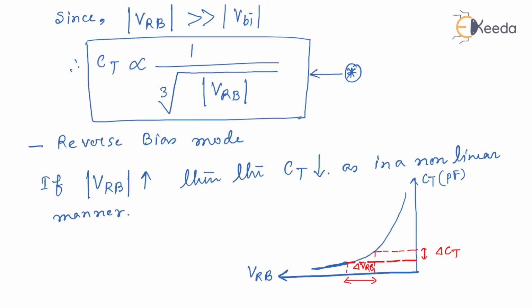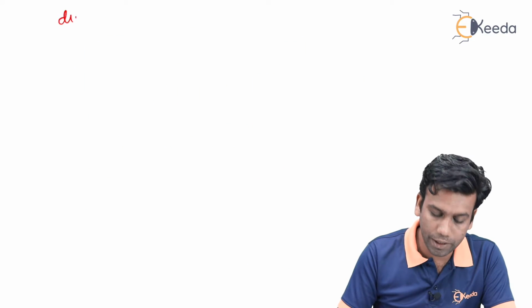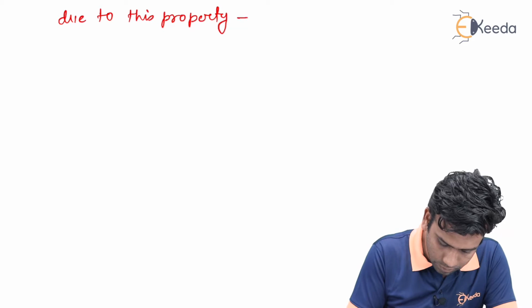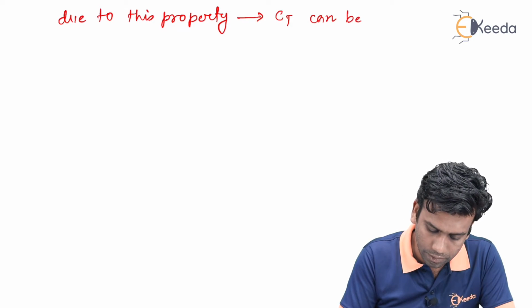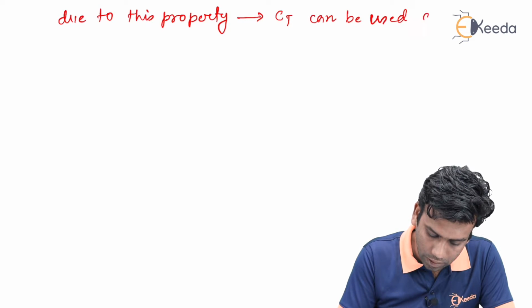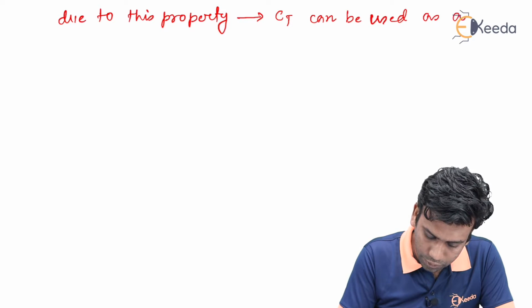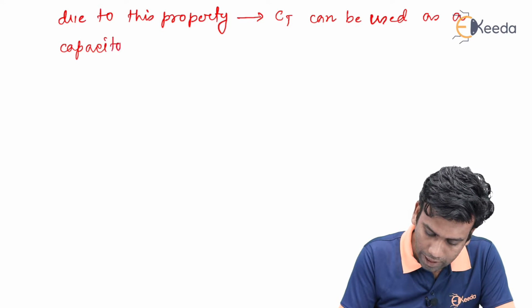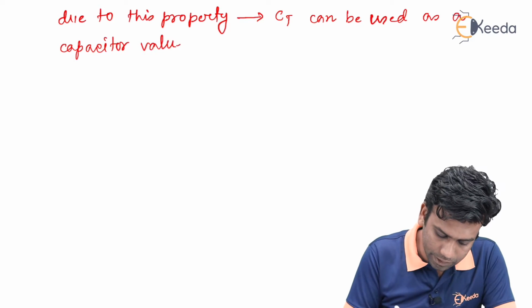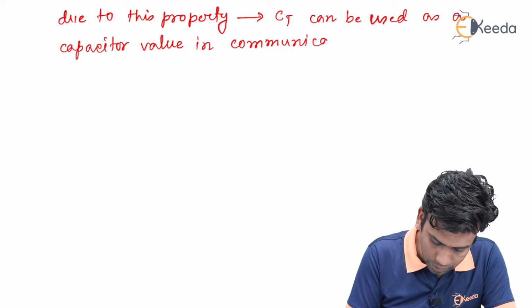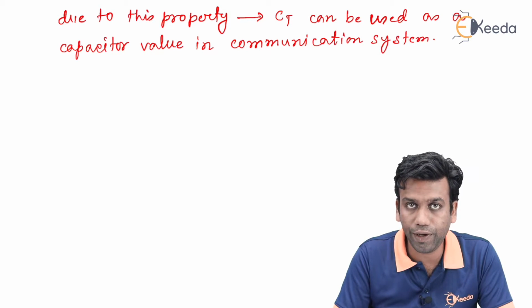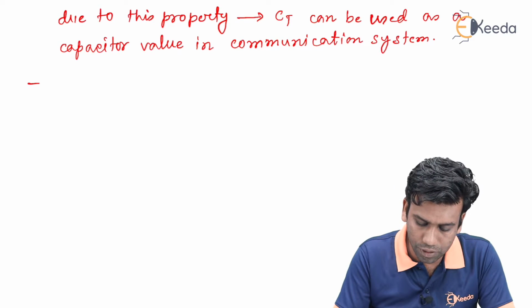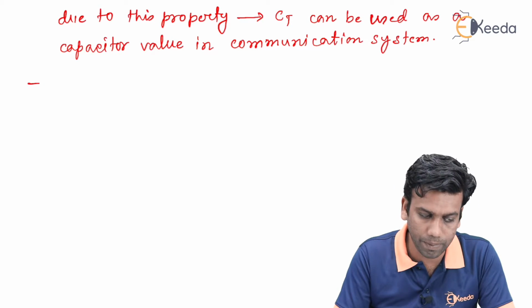That is why, due to this property, the transition capacitance Ct can be used as a capacitor value in communication systems, and this is the reason why the Varactor diode is widely used for communication system purposes.